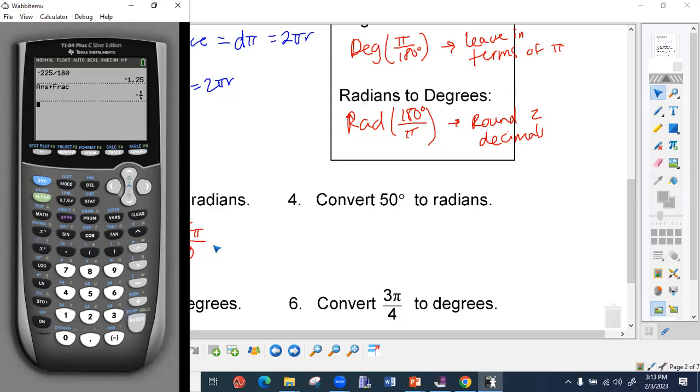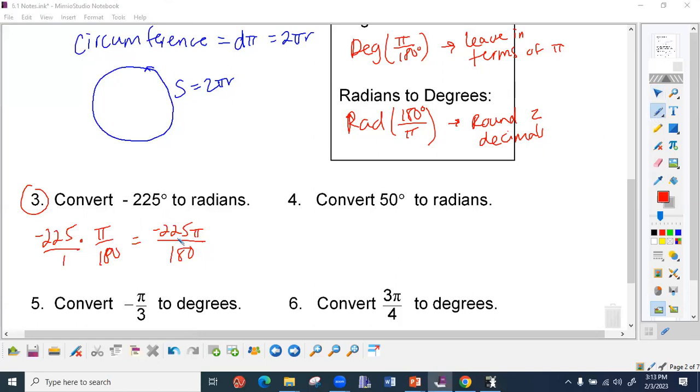It turned it into a fraction. So it equals negative 5/4, and then you put the pi. This lets us know that this is in radians. If you want to be extra, you can write rad at the end also. Okay, so that's going from a degree to a radian.